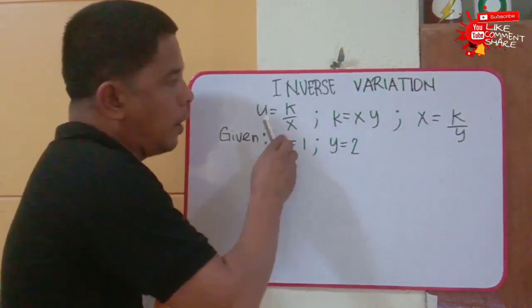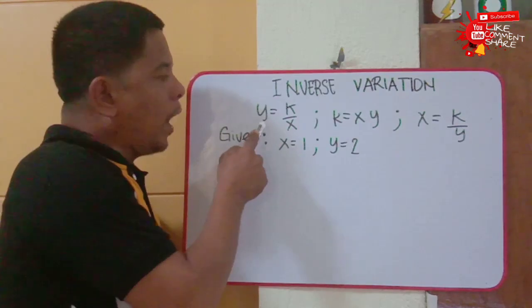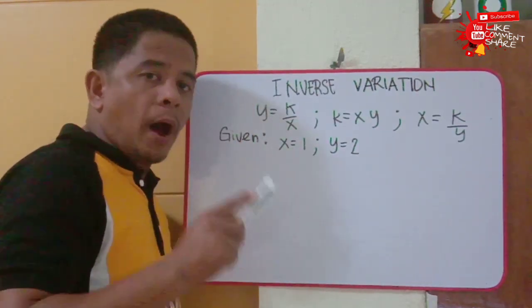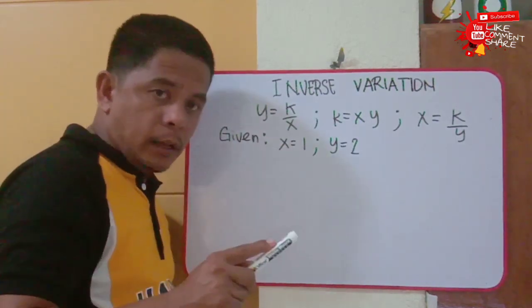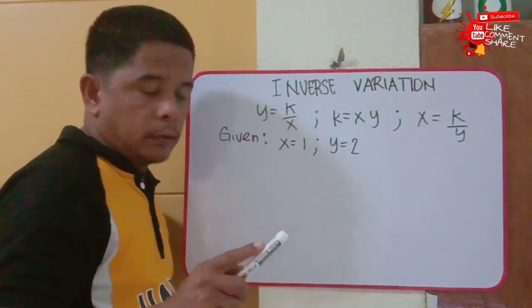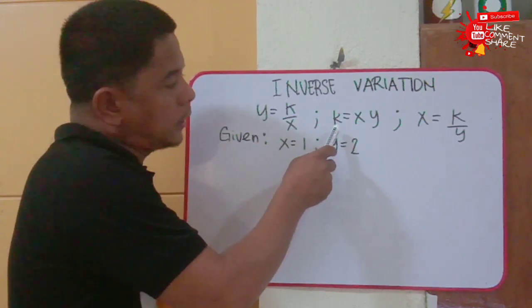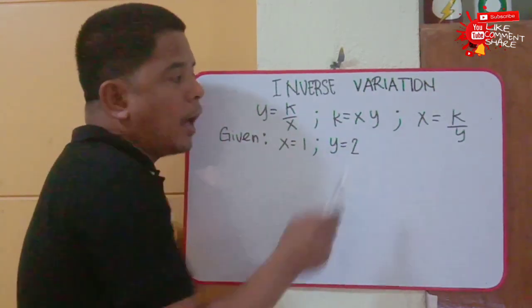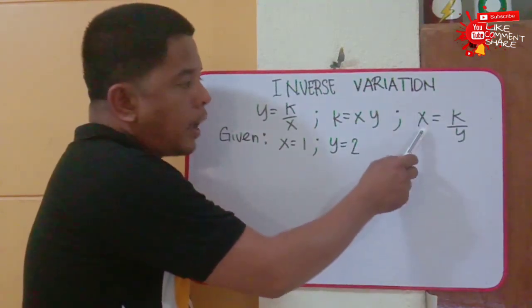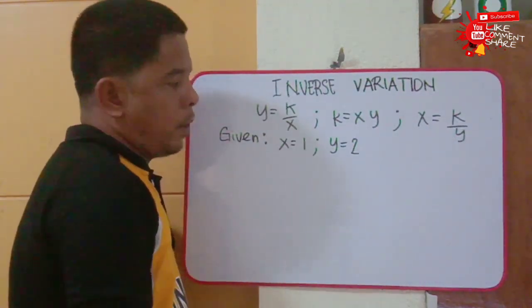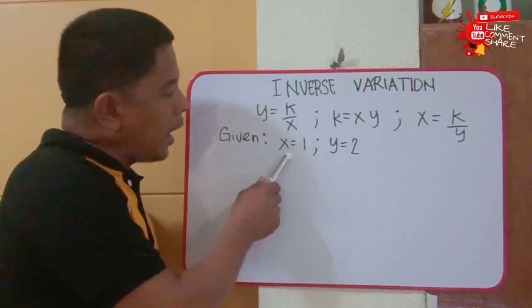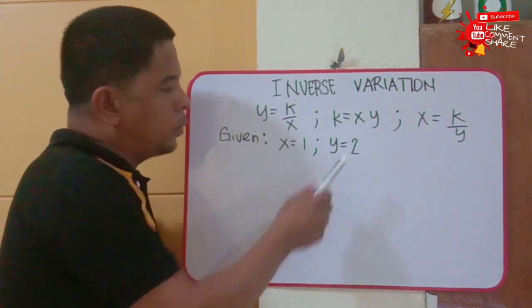Okay? So yung mga formula, y equals k over x when y varies inversely to x. Okay? So constant equals x times y. At kapag hinahanap naman ang x, so x equals k over y. So based na sa given na table natin, if x equals 1, y equals 2.